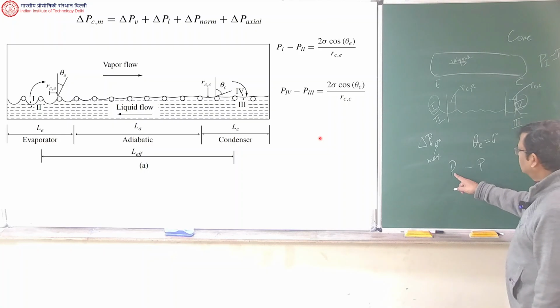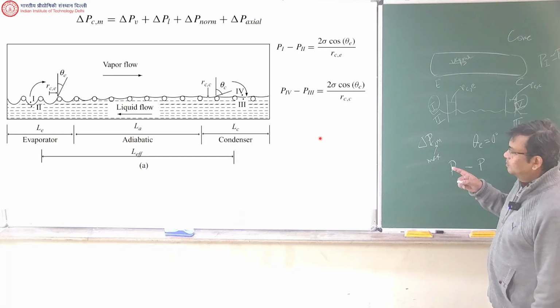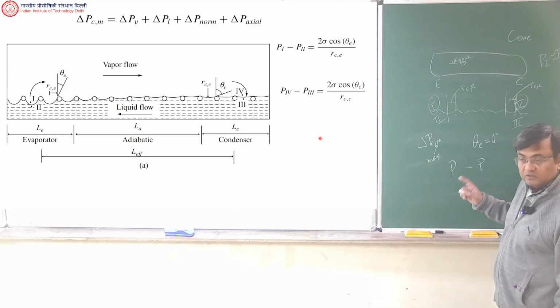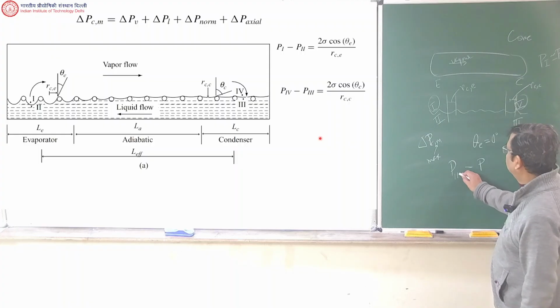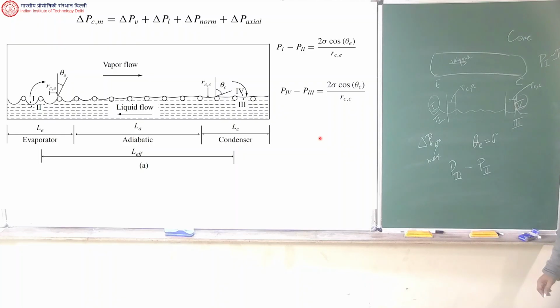Tell me which number should I write here? P2 minus... No, what is that? P3 minus P2. That's correct. So we want P3 minus P2.